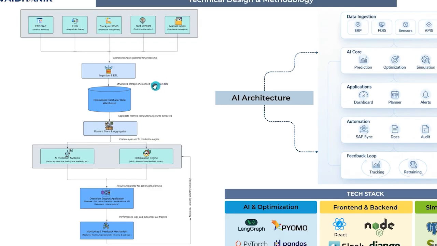Here in the ingestion layer, the data is inputted and transformed into the required format, and then it is stored in the operational database, and then the features and the feature aggregates are formed and stored. The features formed go as inputs to the AI prediction system and the optimization engine.